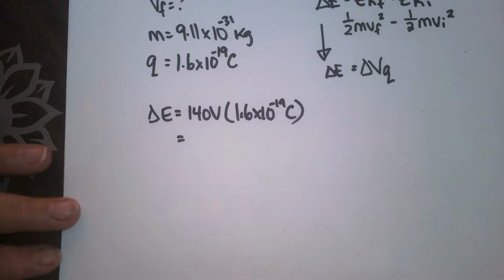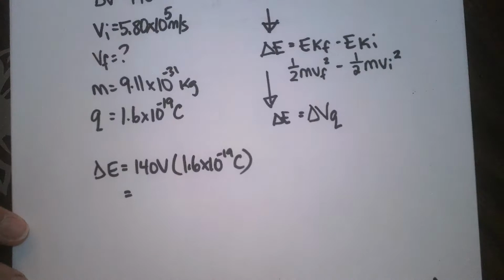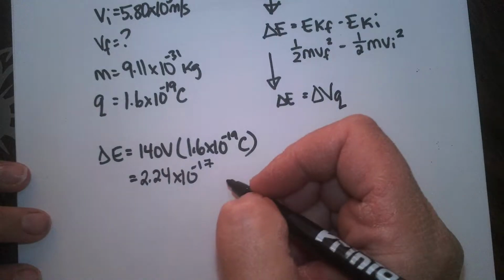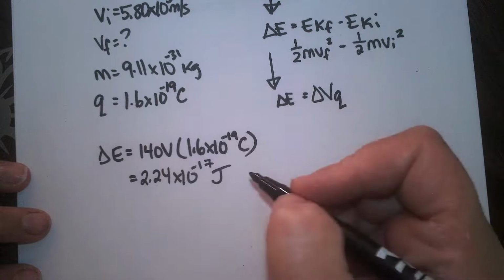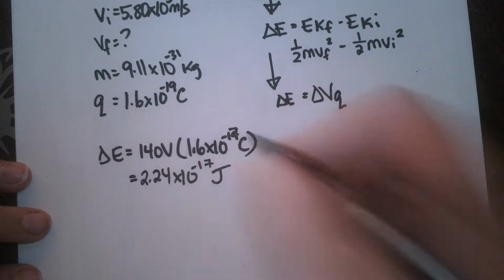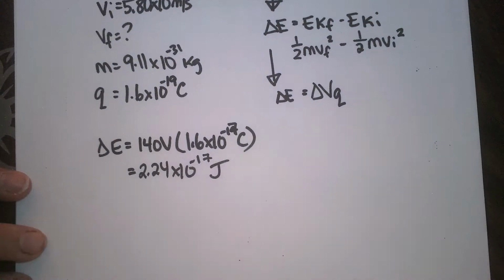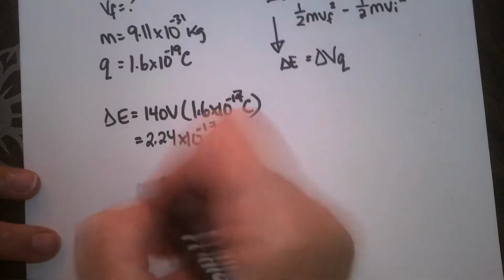Delta E is equal to? What unit? Energy. Joules. Now that I have delta E, I can find delta EK, or I can find EKF.